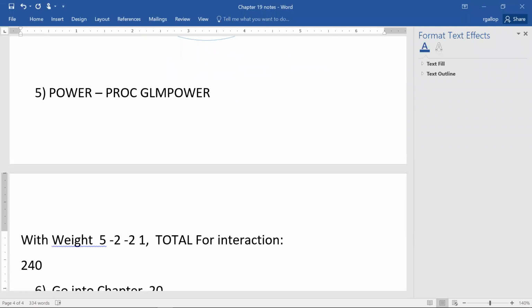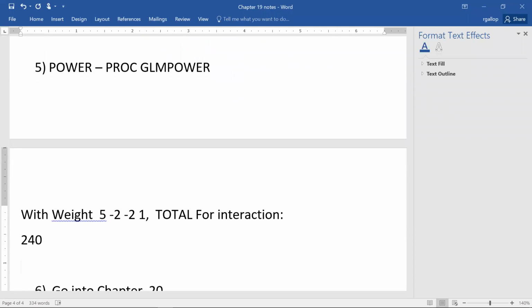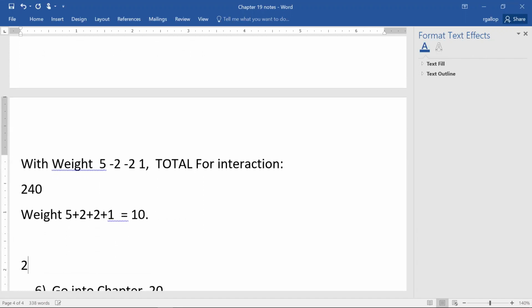So in this case with 240, we see our weights: 5 plus 2 plus 2 plus 1 is equal to 10. So 240 divided by 10 gives us 24.